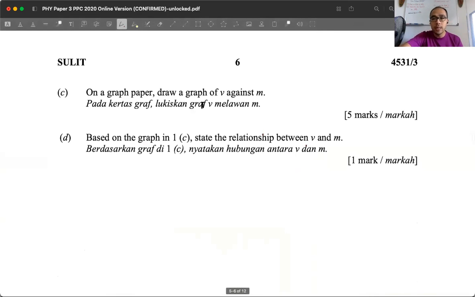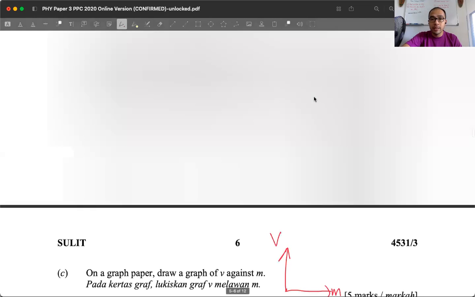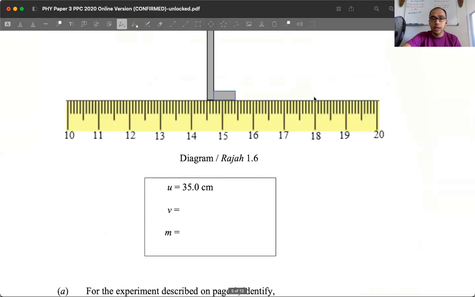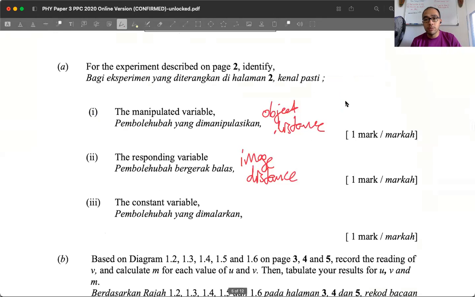Since the graph is V against M, I will accept if your manipulated variable you put as linear magnification.